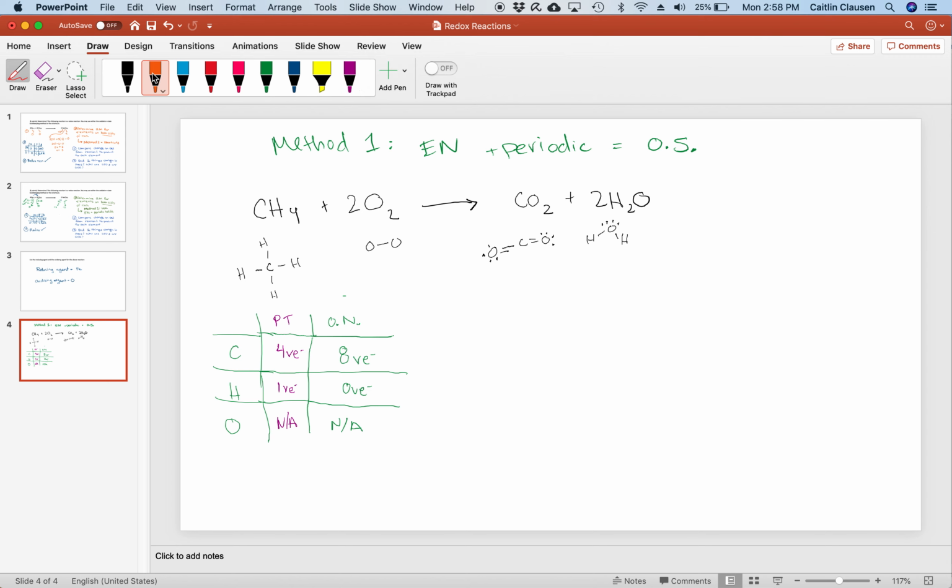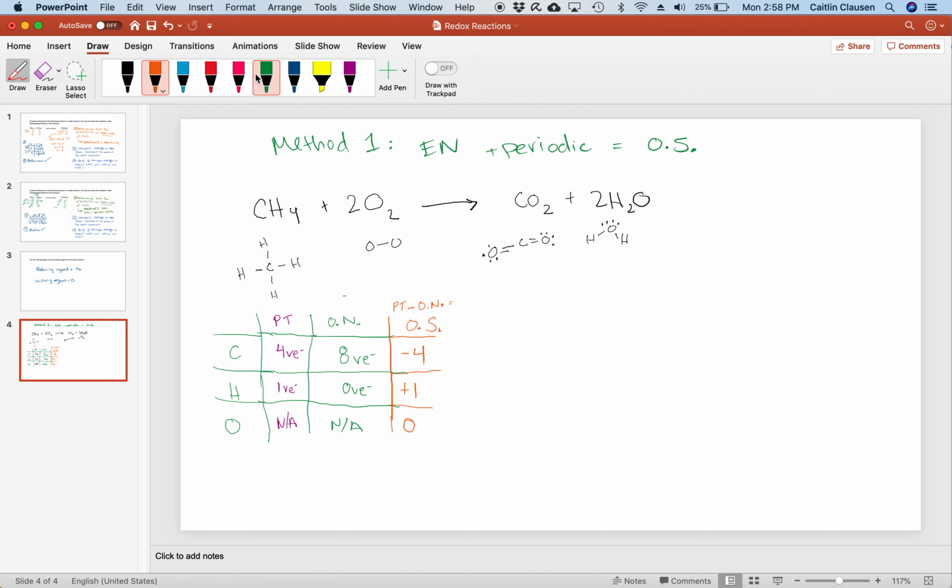So now if I assign these oxidation states, I'm just subtracting the oxidation number from the periodic table number of valence electrons, and that's going to give me the oxidation state. So 4 minus 8 is -4, 1 minus 0 is +1. Now elements are 0 because there's no difference in electronegativity. So these are the oxidation states on the reactant side.